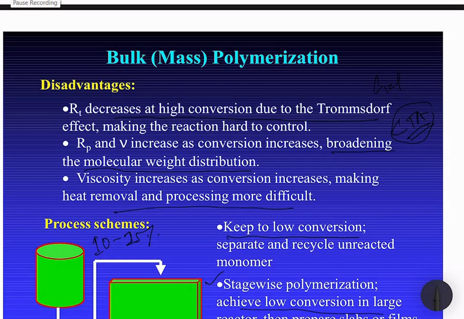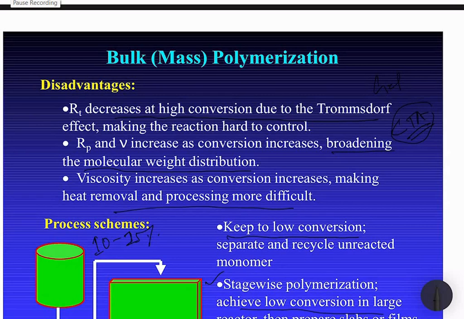polymerization, whereby the free radical polymerization can enter into the runaway mode beyond 40 to 50% conversion because of a tremendous rise in viscosity of the medium. As monomers are converted into polymer, there will be more densification of the system, and that way the viscosity would rise.